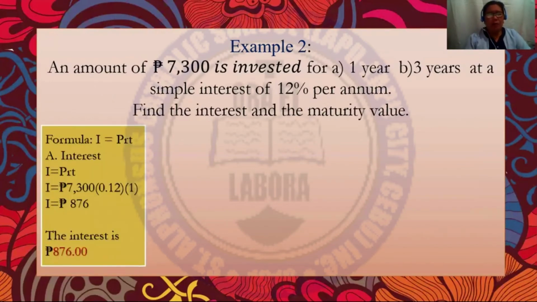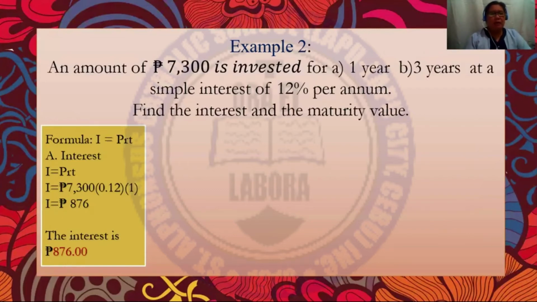For the first solution, we have to use the formula of the simple interest, which is I is equal to PRT. P stands for the principal amount, R for the rate, and T for the time. Let us solve first for the interest.